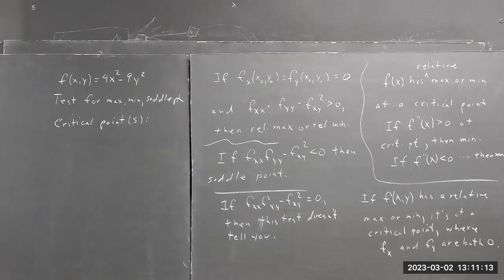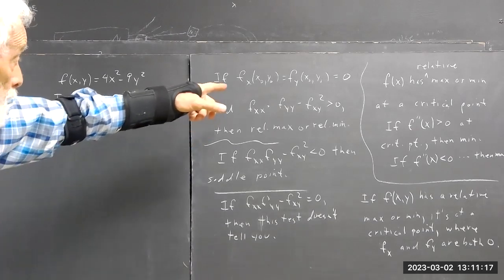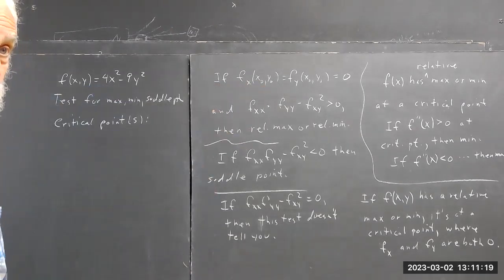Okay, well, hopefully everybody has their critical points now. fx equals fy equals 0.